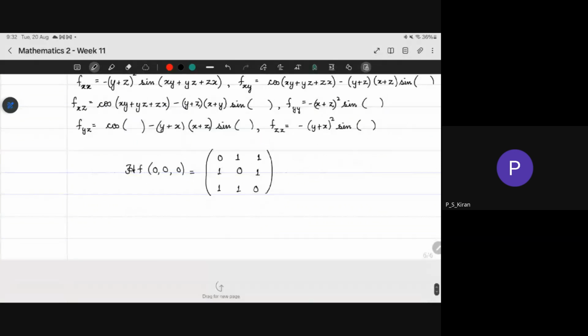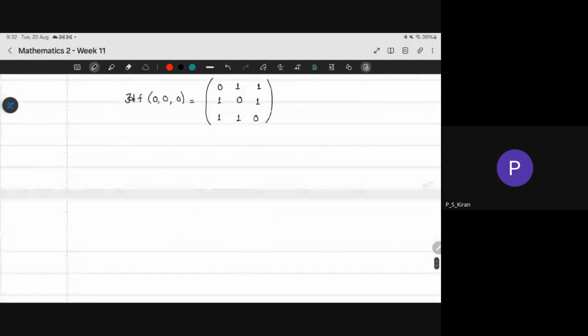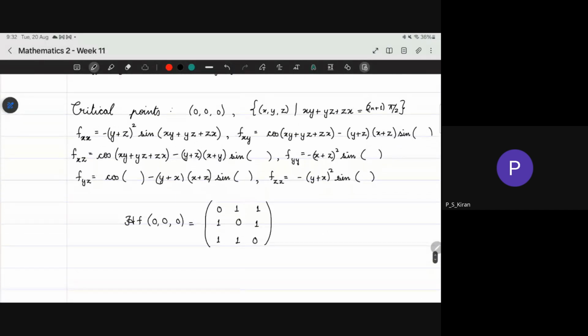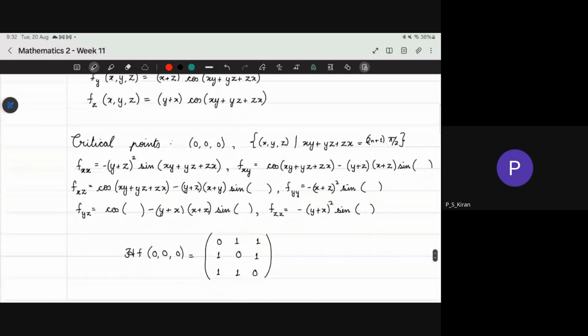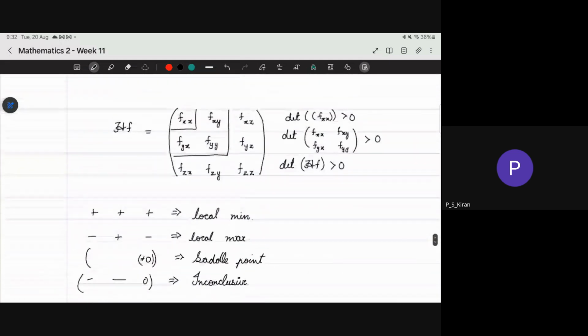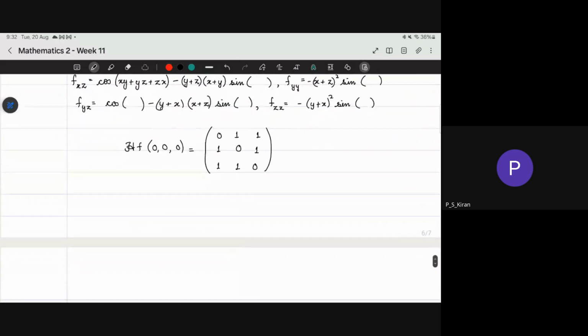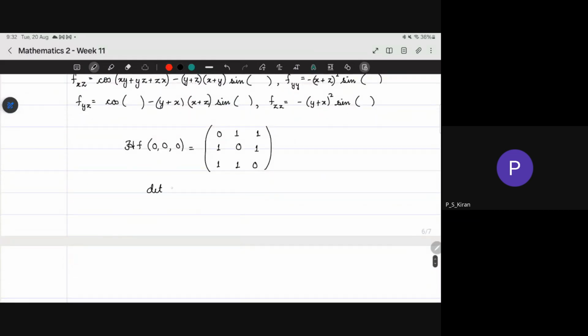And what's the determinant of the Hessian? So first of all, I have to verify the determinant anyway. Wait, in order to verify whether it is a saddle point or not, first I have to see whether the determinant is 0 or non-zero.